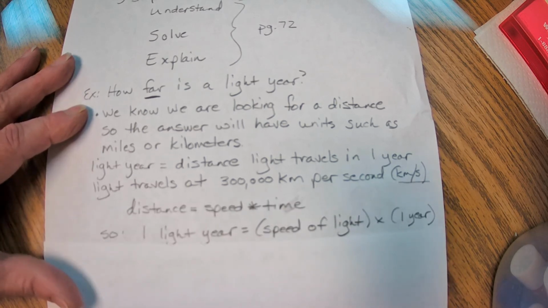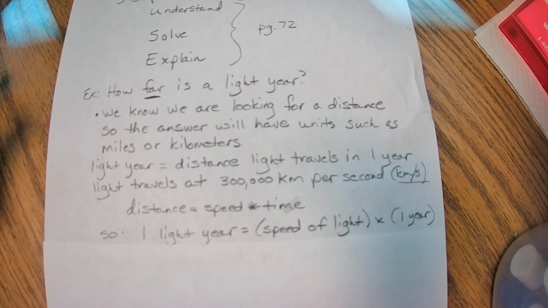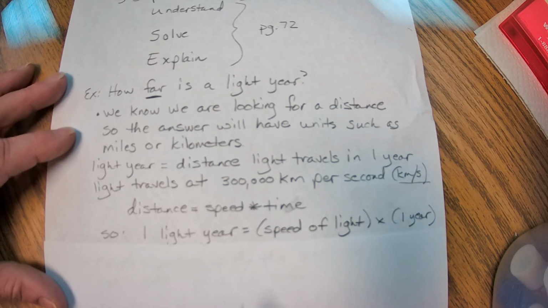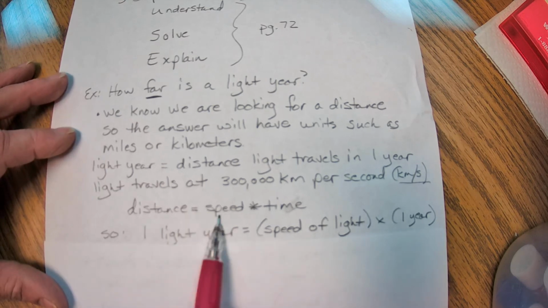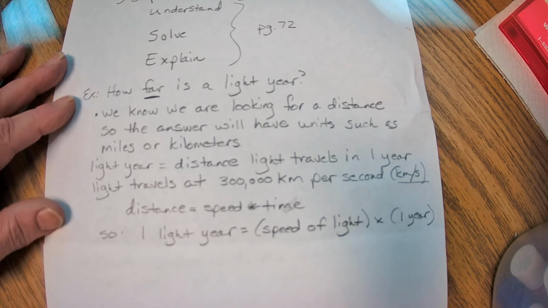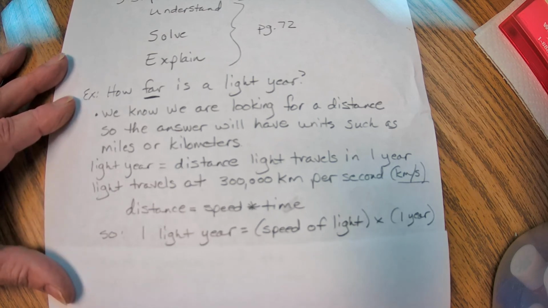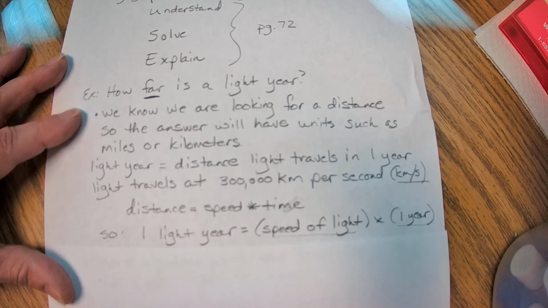And then I also need to know, or in your case, hopefully just remind you what the distance formula is. Distance equals rate or speed times time. So 1 light year equals the speed of light times 1 year.